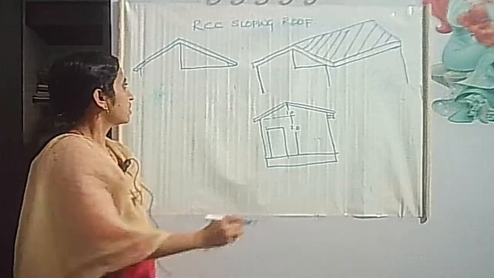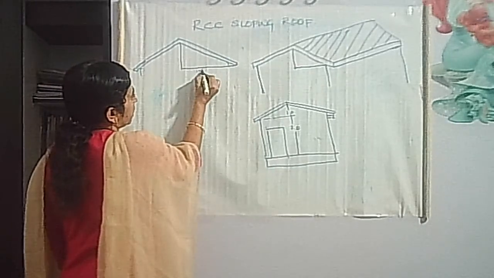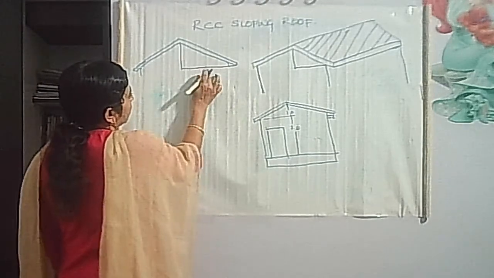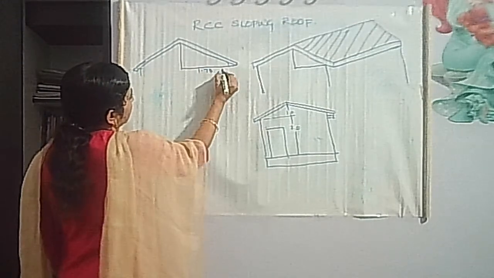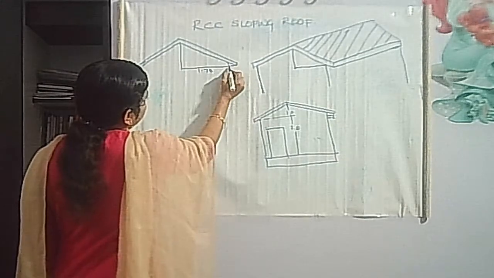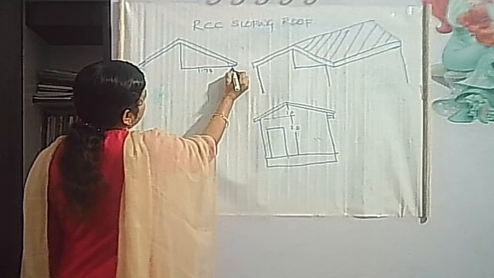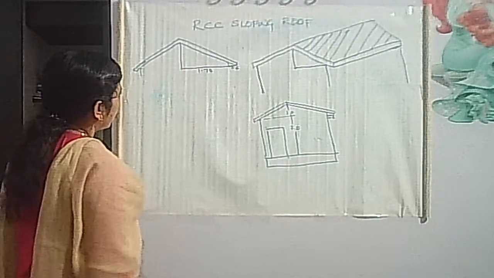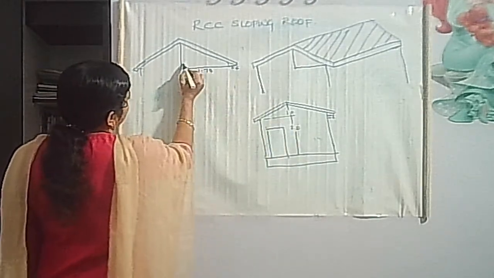Here we know the distance from here to here, it is 1.5 meter, plus your 0.23 thickness, it will be 1.73. So, up till here it is 1.73 and this distance is 0.6 meter. This here we have taken as 1 meter.